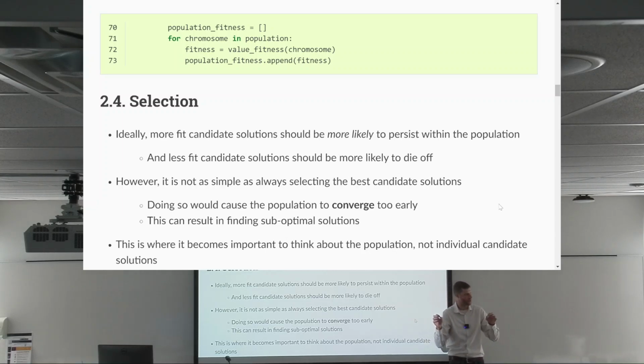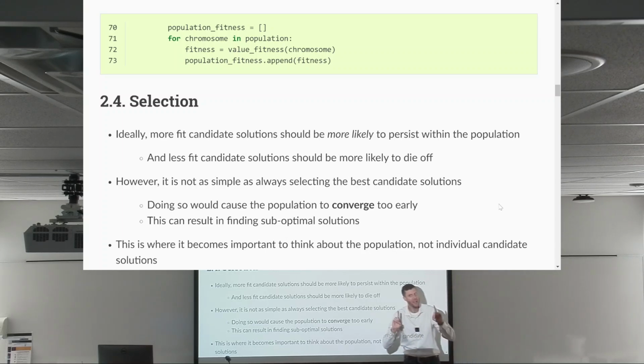We want it to be effective at traversing the search space to find good solutions. But if it's too exploratory, it's too random. It's all over the place. So we want to guide it in some way. We want it to be exploratory, but we also want it to be exploitive, where it exploits what it knows to be good. So exploration and exploitation are in conflict with one another, and we need to manage that conflict accordingly.